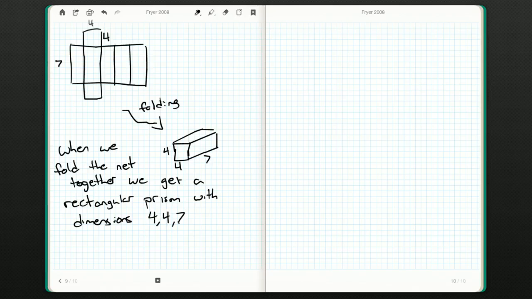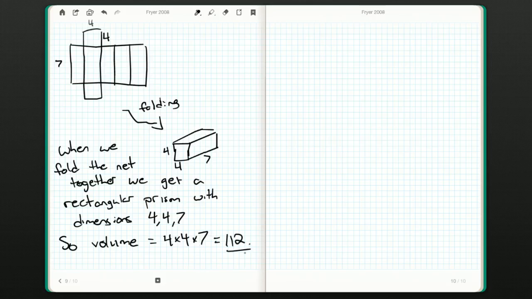So we get dimensions 4, 4, 7. So volume, I don't know why I can't spell today. Four times 4 times 7, so that's 16 times 7, and I think that's 112. Yep, it is. So we get a volume of 112.